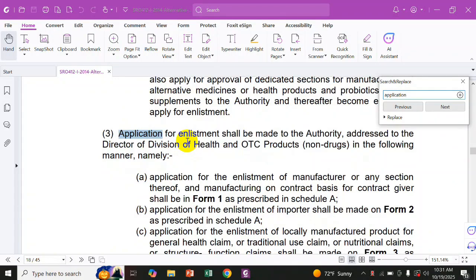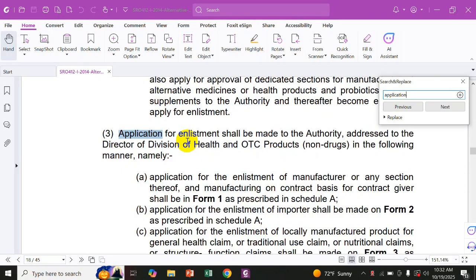Rule number 3 states that the application for enlistment shall be made to the Authority, addressed to the Director of the Division of Health and OTC, that is non-drug, in the following manner. So there are two statements. To whom shall I apply? The Director of the Division of Health and OTC.